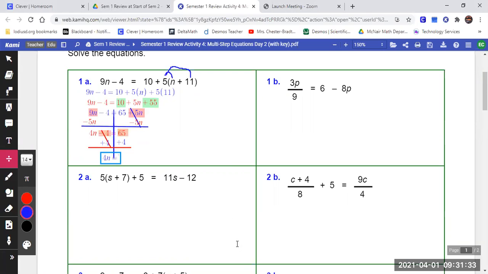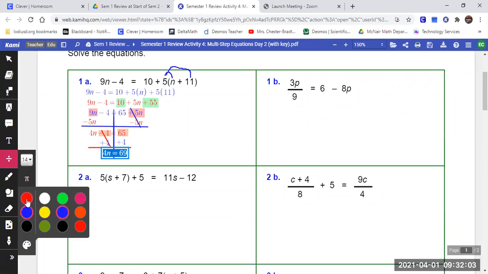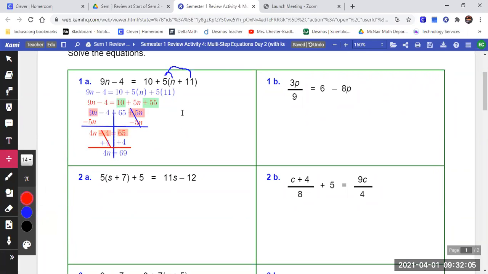What's that going to be equal to? 65? No, not 65. You have to do the math. Oh, 69, because it was a 65 plus a 4. We just said that. Okay. I have run out of space. I'm going to move up here.